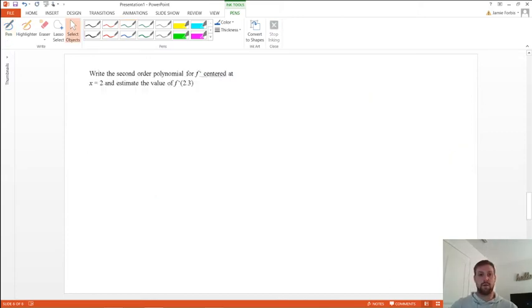Okay, so kind of piggybacking off of that, this is something I want to point out. The problem we just did was a third order polynomial. And now it wants me to write a second order polynomial for the derivative centered at x equals 2 to estimate the value of f prime of 2.3.